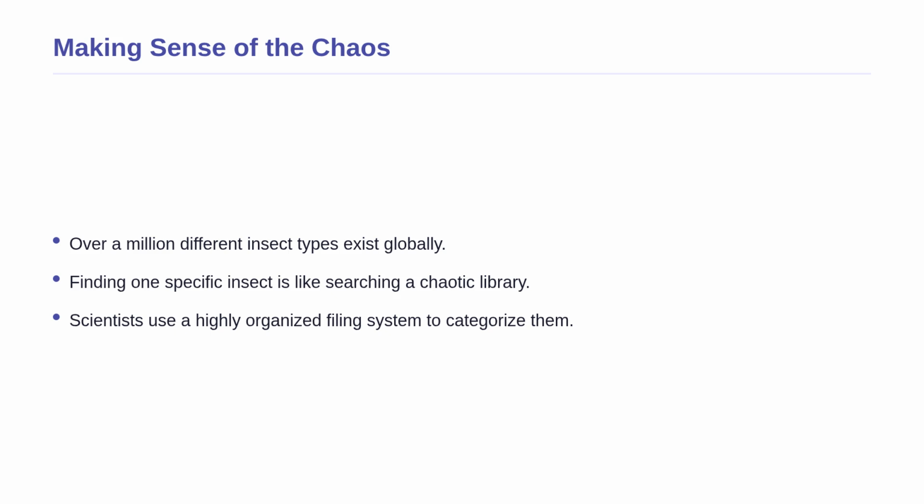This is exactly what the natural world looks like, with over 1 million different types of insects buzzing and crawling around us. To make sense of this overwhelming chaos, scientists created a highly organized filing system, much like sorting books by genre, author, and title. This system allows us to bring order to the natural world.